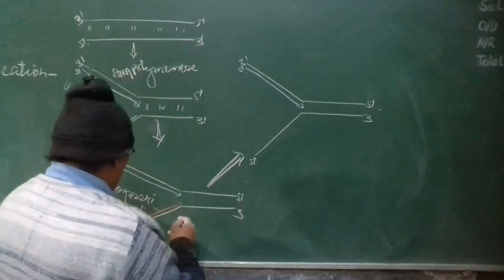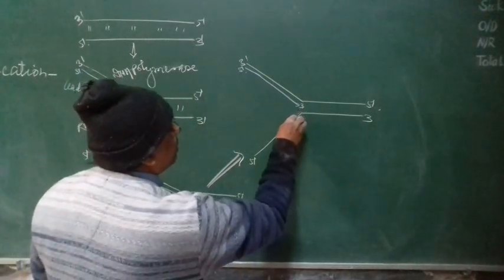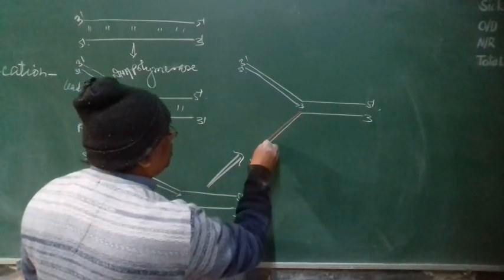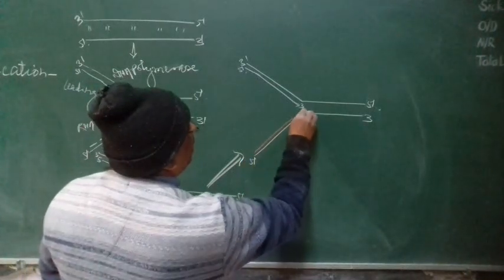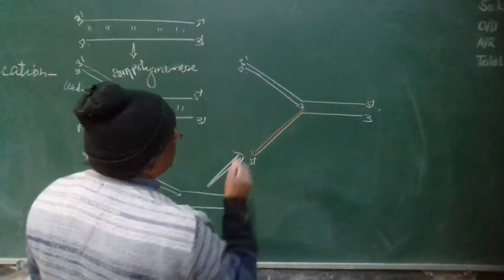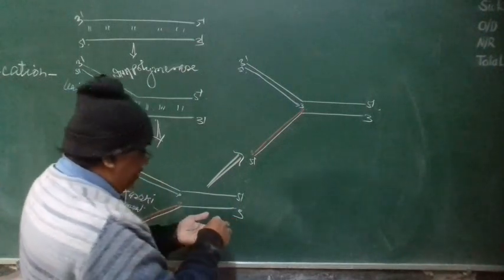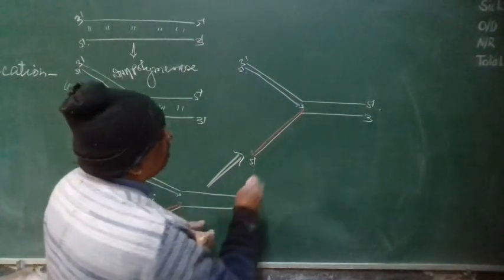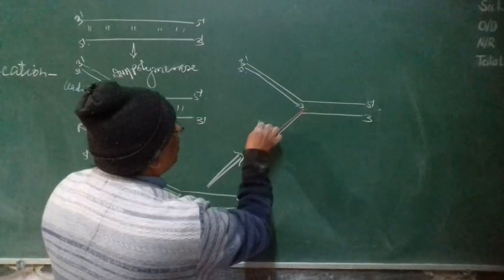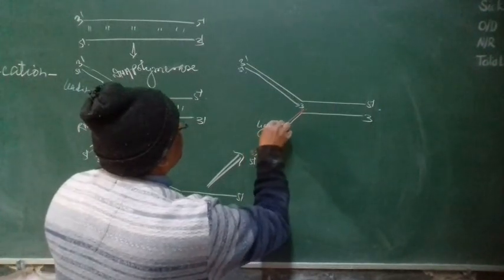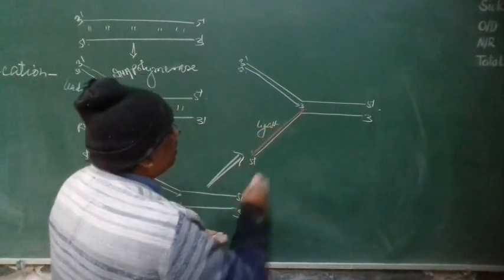But here these Okazaki fragments in 5 to 3 direction get united in the presence of ligase enzyme. Here in the presence of ligase enzyme they get joined.